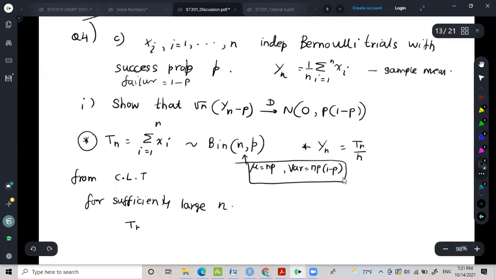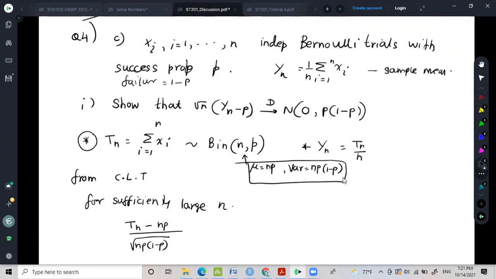So Tn minus np, the mean, divided by the standard deviation. This is from the central limit theorem, right? You get the sample mean, which is Tn over n. You can write Yn here straight away. Can we write it? Hold on. No, the Tn, right?